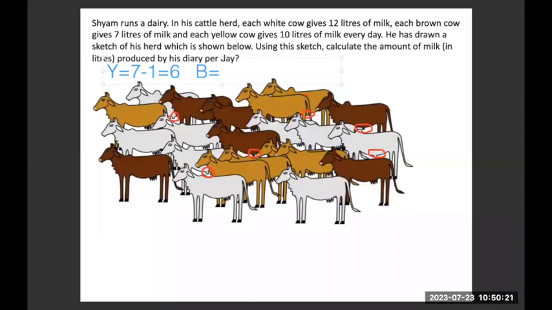Brown cows will be equal to how many? Brown cows are total in number 1, 2, 3, 4, 5, 6. So 6 minus how many males? 1 and 2, 2 males. 6 minus 2 equals 4.